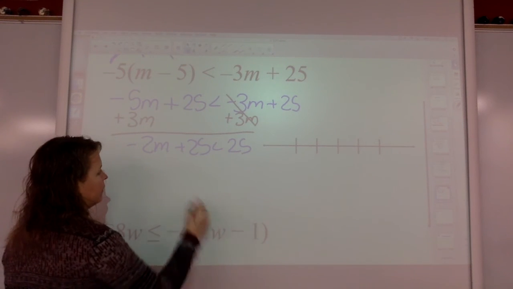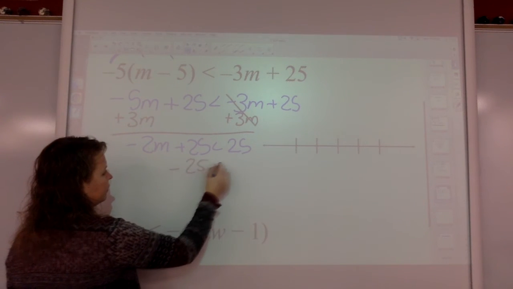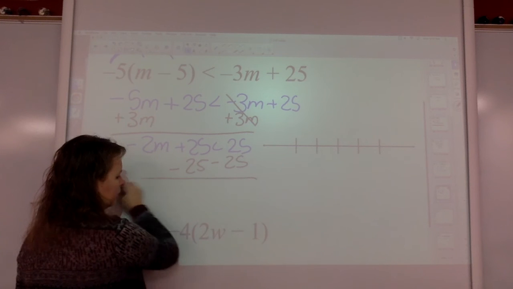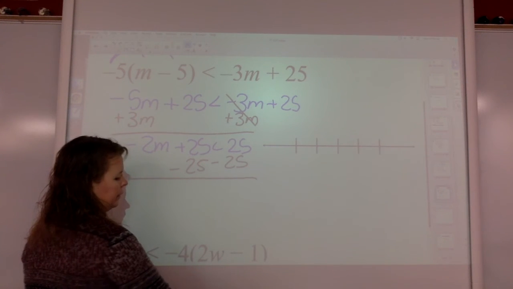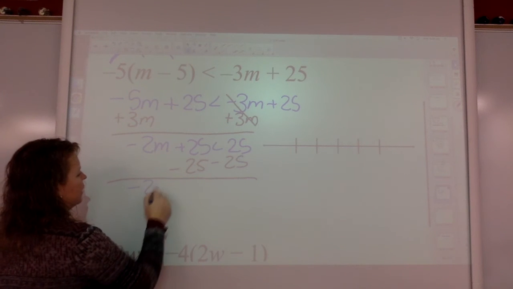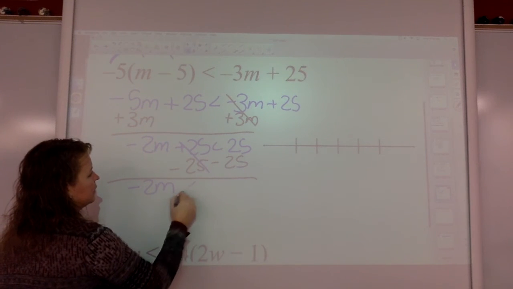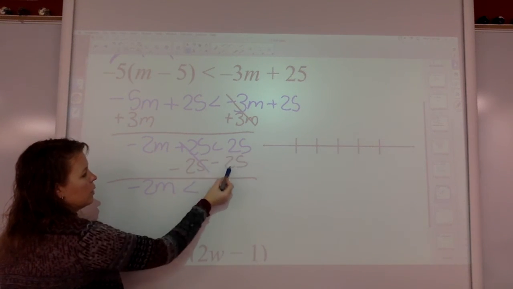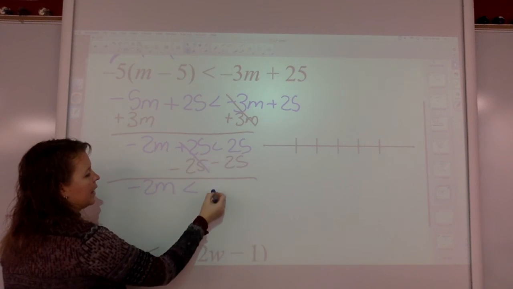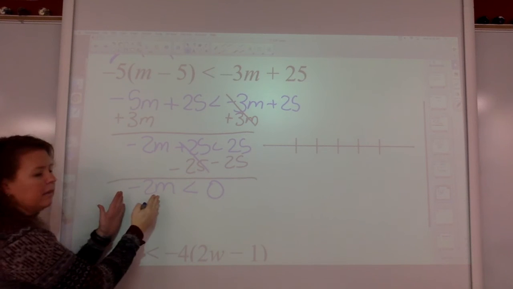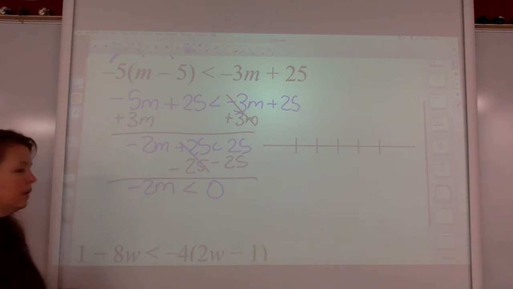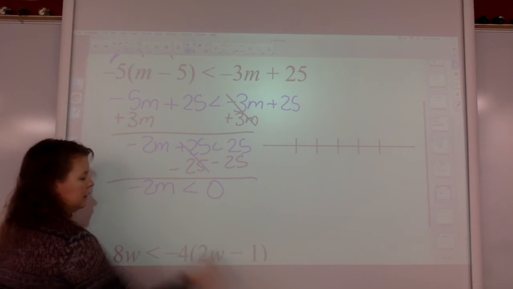Minus 25 from both sides. You have negative 2m, this cancels, is less than 25 minus 25. Yeah, it cancels, but you need a place value in its place. We have to have something on the left side and the right side of the inequality. You're not done yet. Continue on.